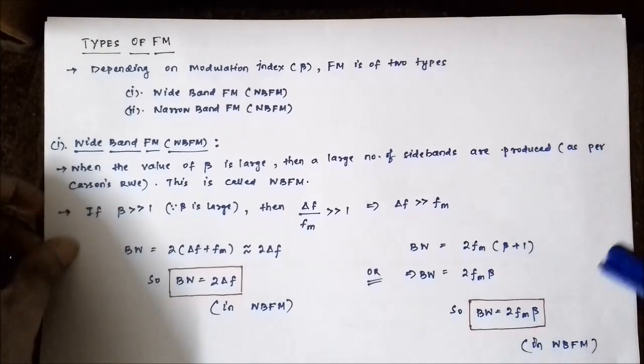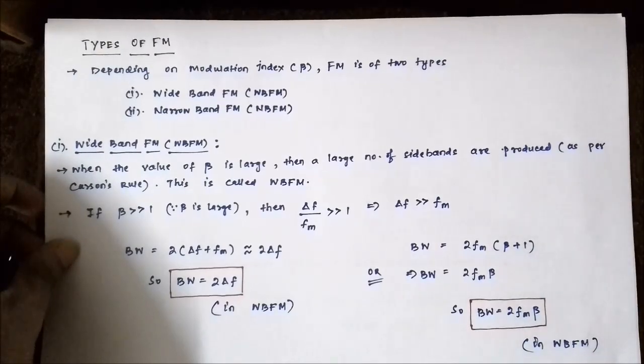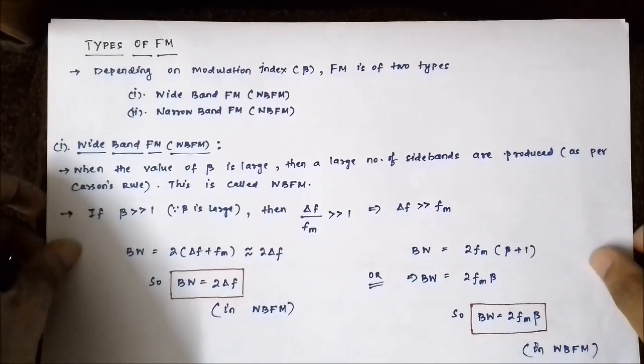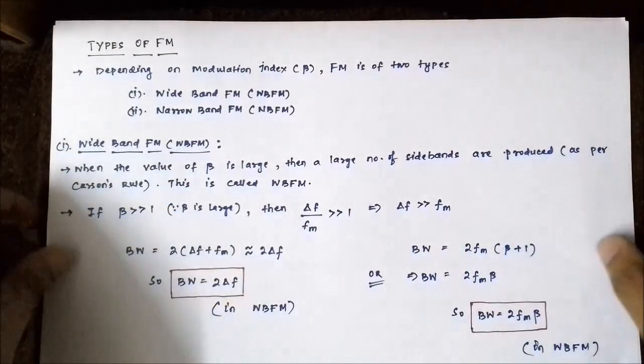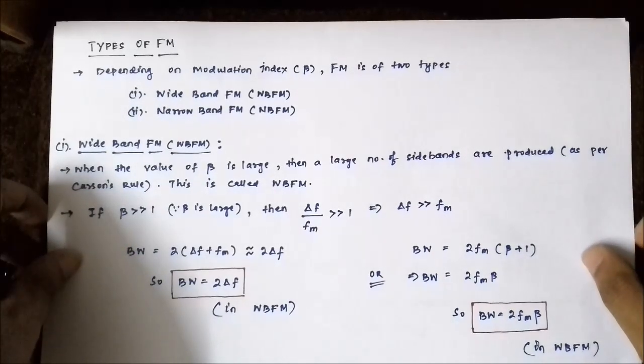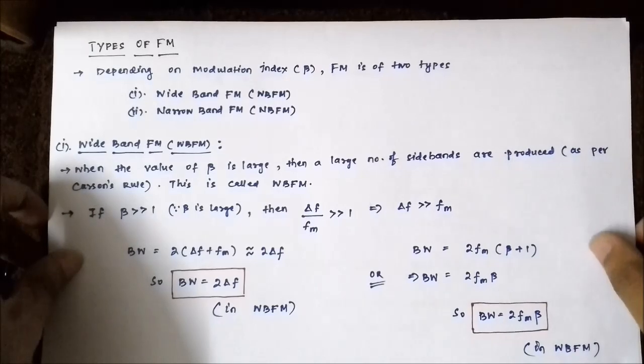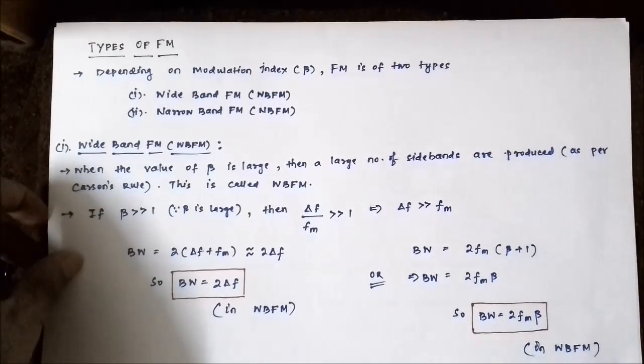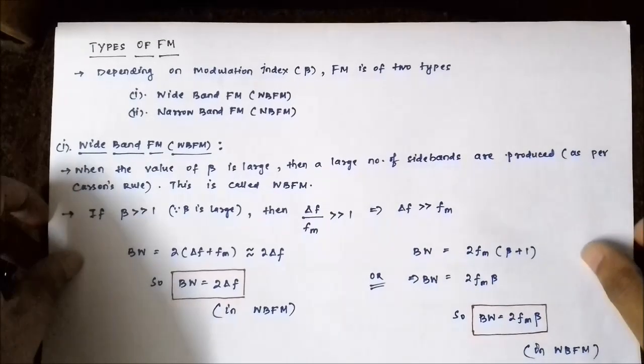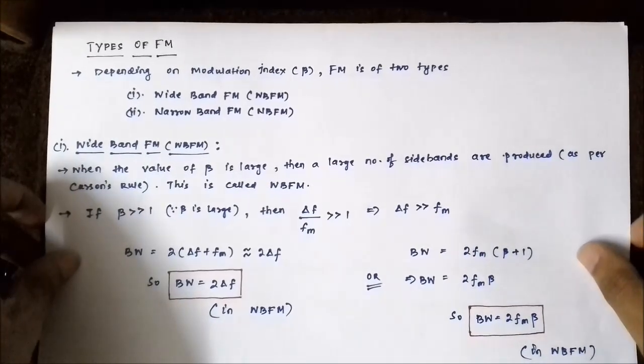So when beta value is large, the number of sidebands will also be large. That type of frequency modulation is called wideband frequency modulation.